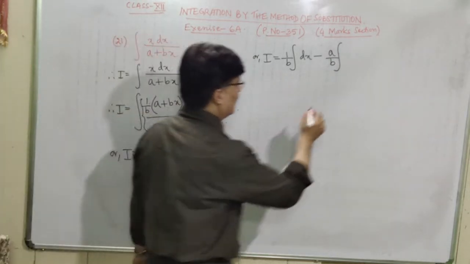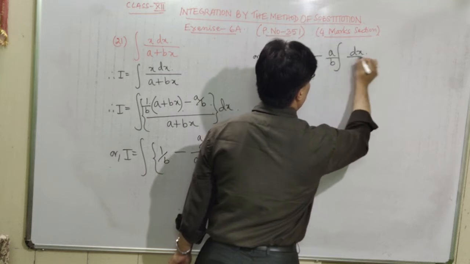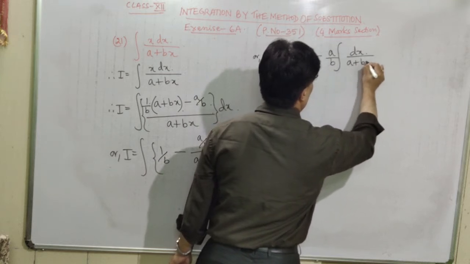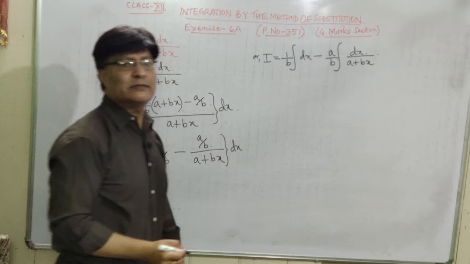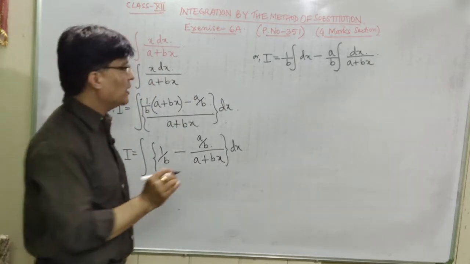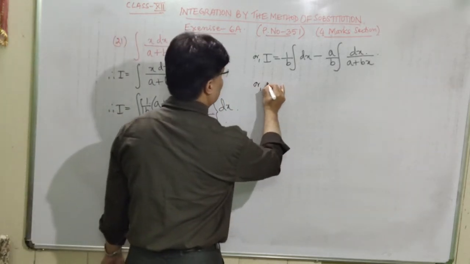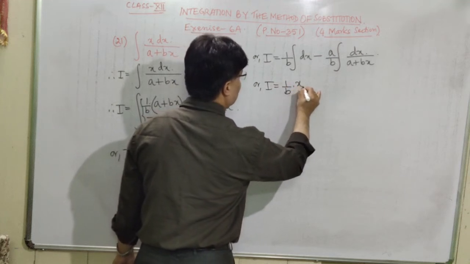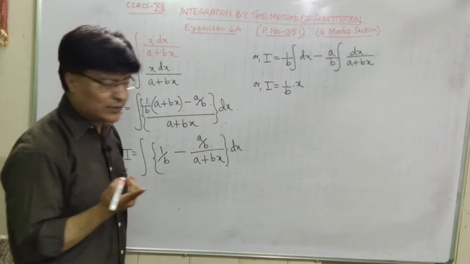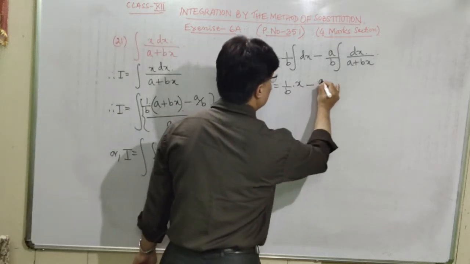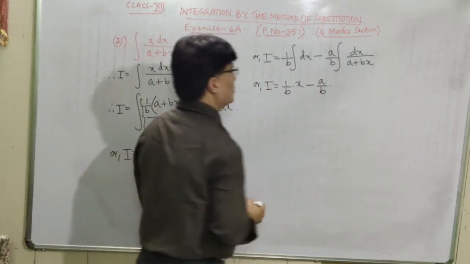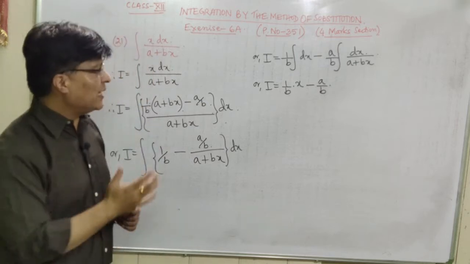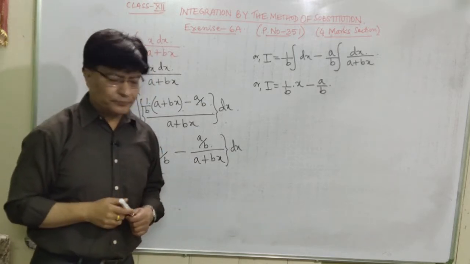And now we have dx divided by a plus bx. I think you have understood it. So now I is equal to 1 by b into the integral of dx, that is x, minus a by b into, now how will you integrate this dx divided by a plus bx?